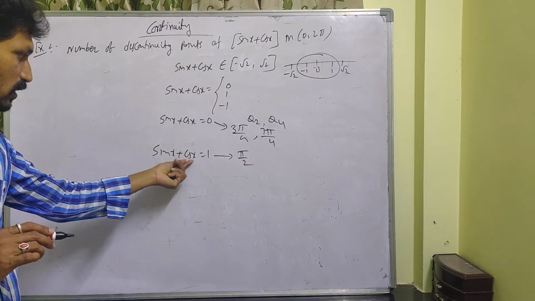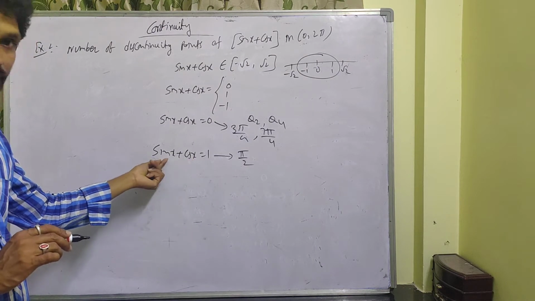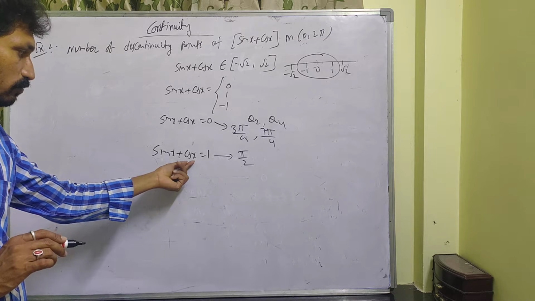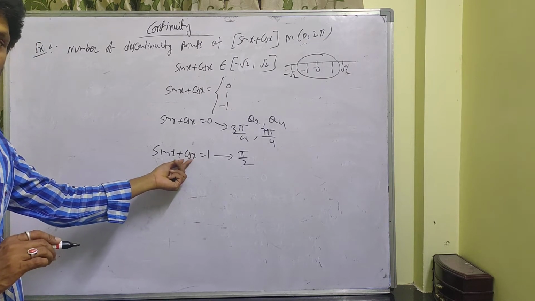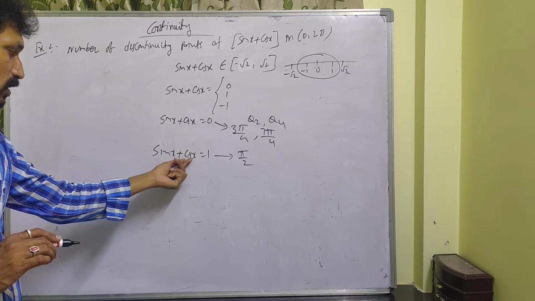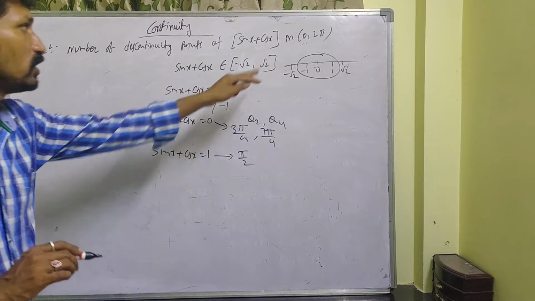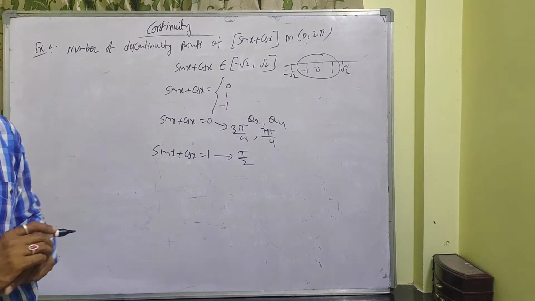Or in other words, cos is 1 and sin is 0. Cos is 1 at x equal to 0, and sin 0 is 0, but 0 is not included. So only π by 2.